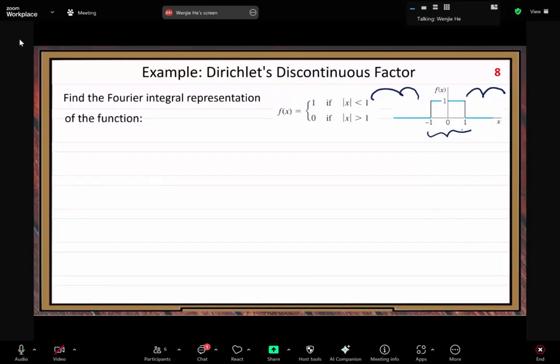Here, we don't want to do the periodic extension. We just want to work on this particular function, no change.